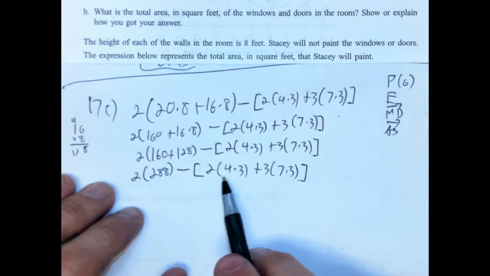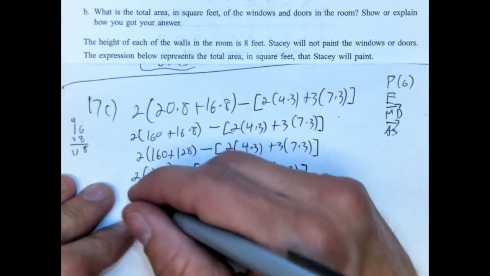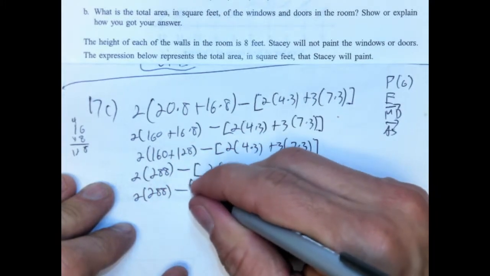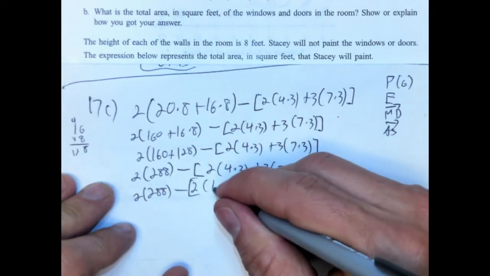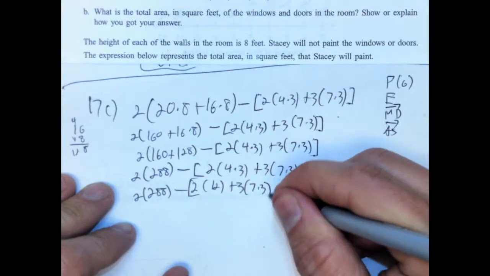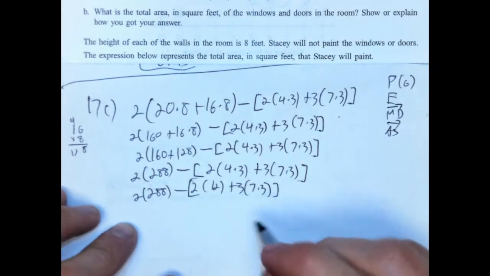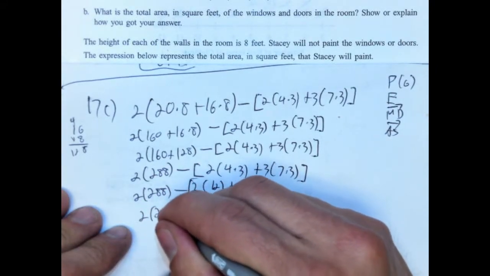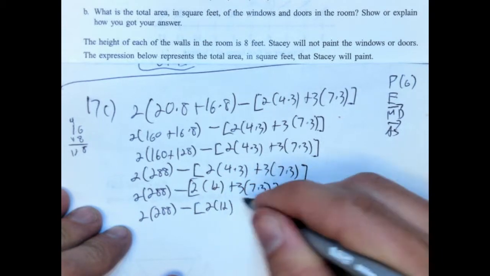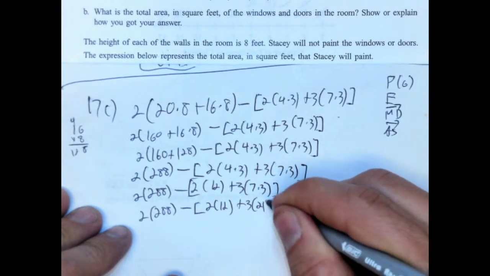Okay, so now we're going to do over here. So we have parentheses here, so 4 times 3 is 12. So 288 minus bracket 2 times 12 plus 3, 7 times 3, close bracket. 7 times 3 is going to be 21. So 288 minus bracket 2 times 12 plus 3 times 21.